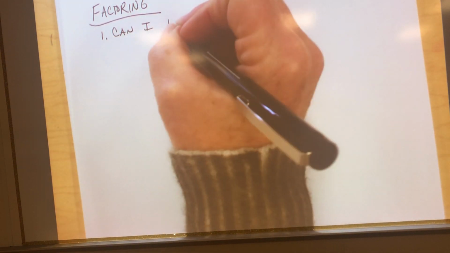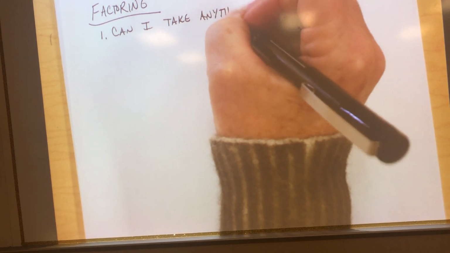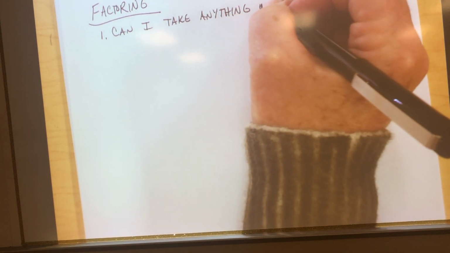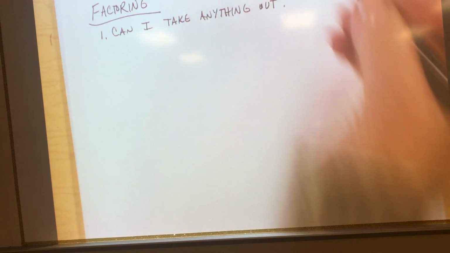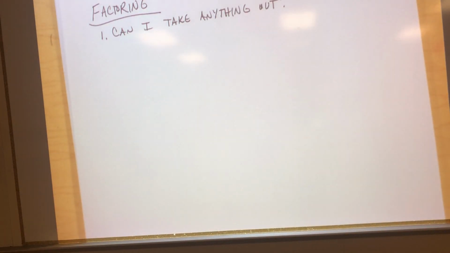So when you are factoring, I don't care what you're factoring. Anytime you're factoring, the very first thing that you want to ask yourself is, can I take anything out? Okay? Is there a number or a variable that I can factor out of every term? If it doesn't come out of every term, I can't take it out.